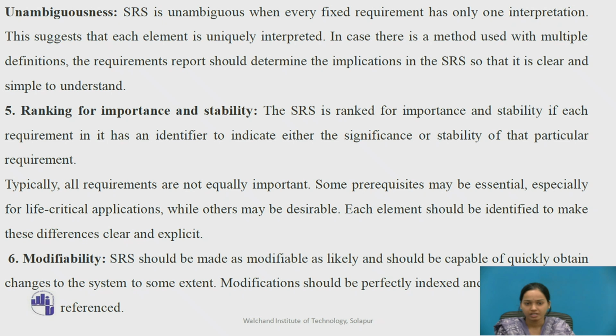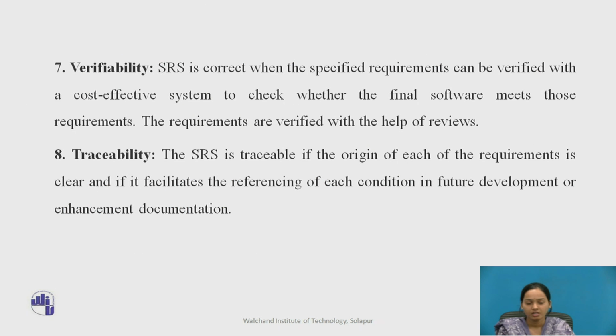The SRS should be made as modifiable as possible and should be capable of easily accommodating changes to the system to some extent. Next characteristic is verifiability. The software requirement specification is verifiable when the specified requirements can be verified with a cost-effective process to check whether the final software meets those requirements.